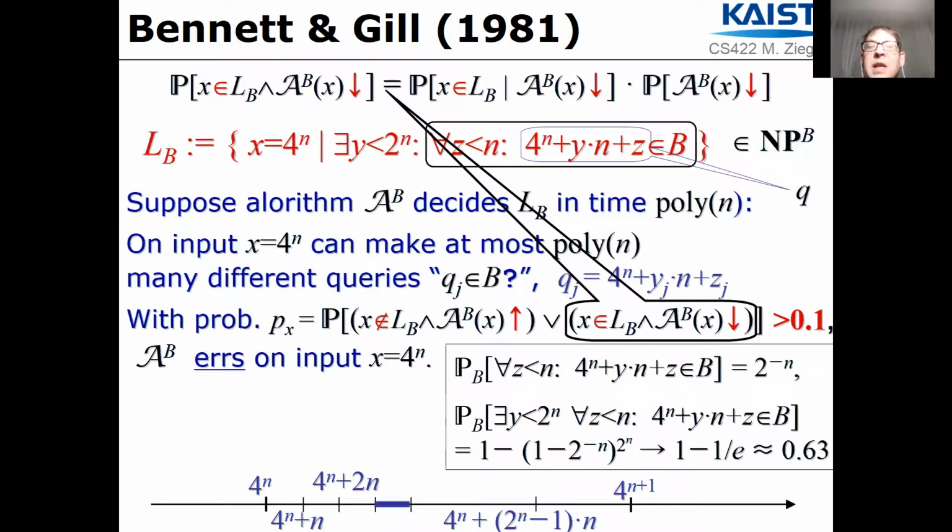So in this case, still the probability is at least 0.1. It's just an arbitrary number, really, 0.1.